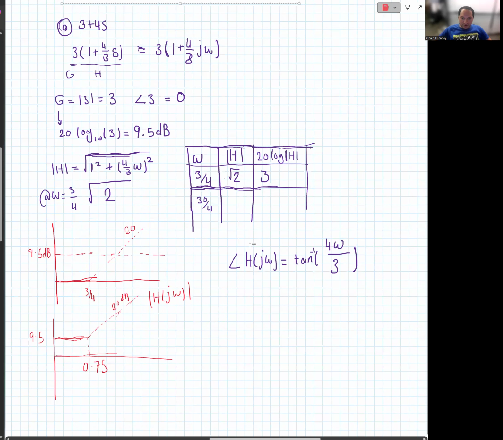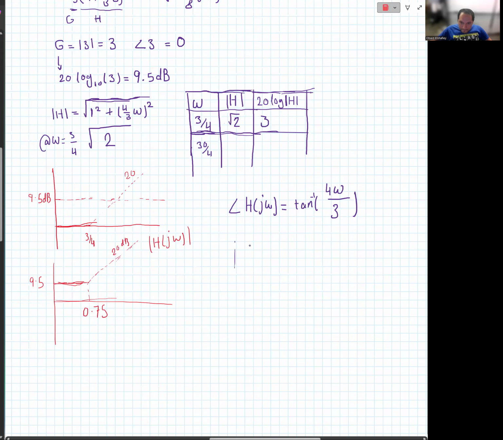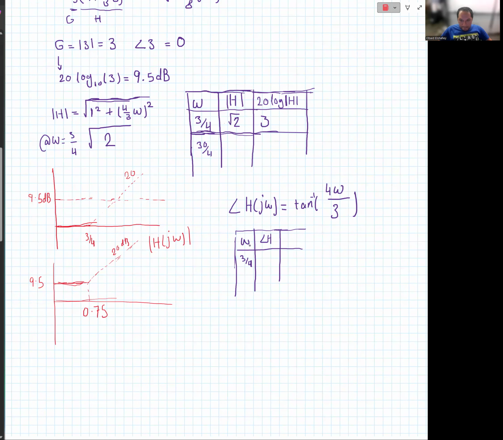We can draw our table as well, where we have omega and phase of H. So when omega equals 3 over 4, which is the breakout point, tan of 1, I think it's 45 degrees.